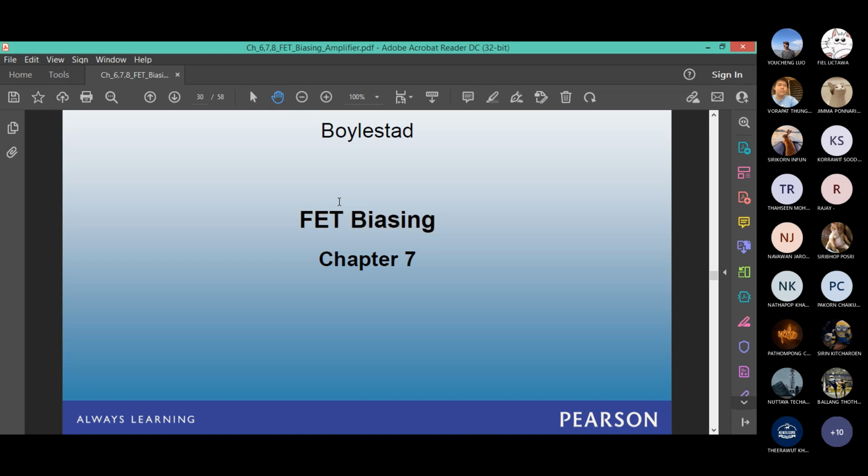Four biasing circuits, remember? Fixed bias, emitter stabilized bias. Then the third one was voltage divider bias. And what was the fourth one? Collector feedback. These are the 4 bias type circuits I showed you in the BJT class. For the FET, we study 3 types of bias, DC bias mainly.